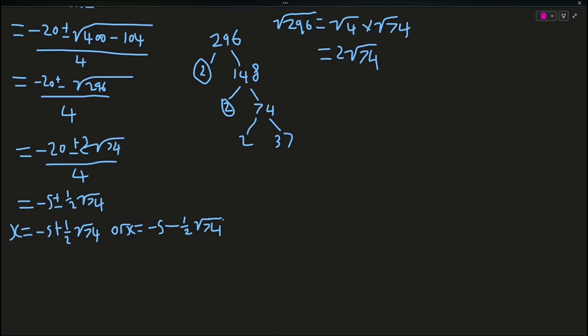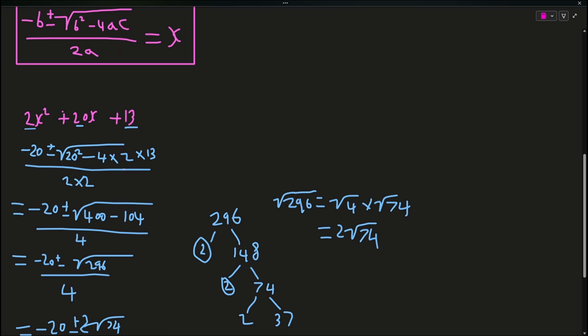Now there is a way to always figure out how many solutions there are, because with quadratic equations there could be 2, there could be 1, or there could be 0 solutions. Sorry, real solutions, I should say. And so we can see that this in fact has 2 real solutions if we look at the b squared minus 4ac.